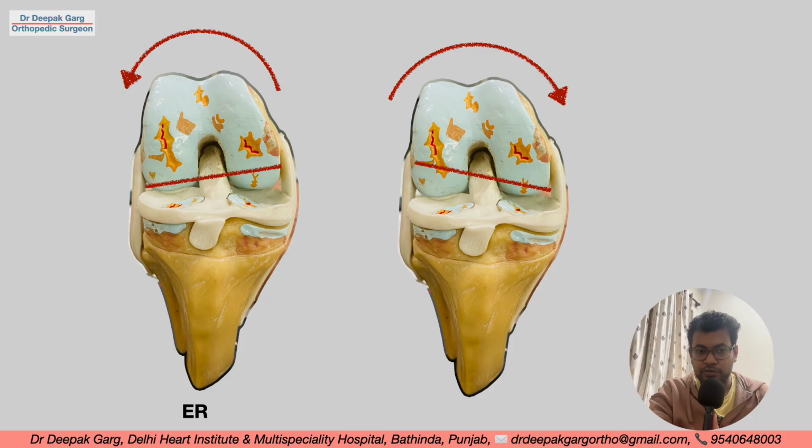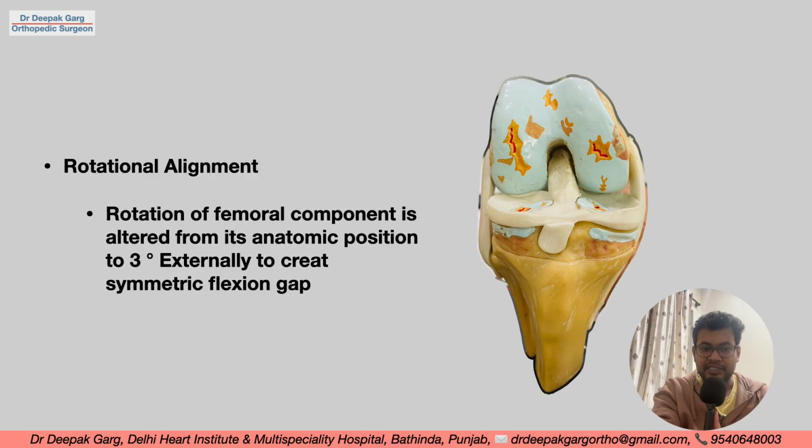So what we have to do is cut the femur in external rotation. Now we have cut tibia 3 degrees more on the lateral side. Now we have to cut femur 3 degrees more. So what should we do to achieve this? We will have to take 3 degrees of external rotation.